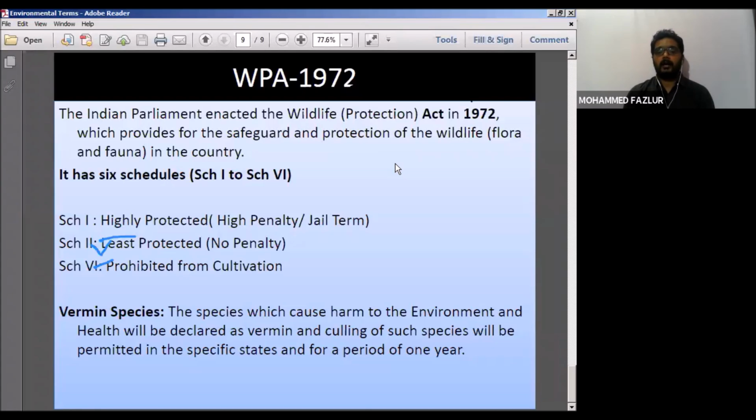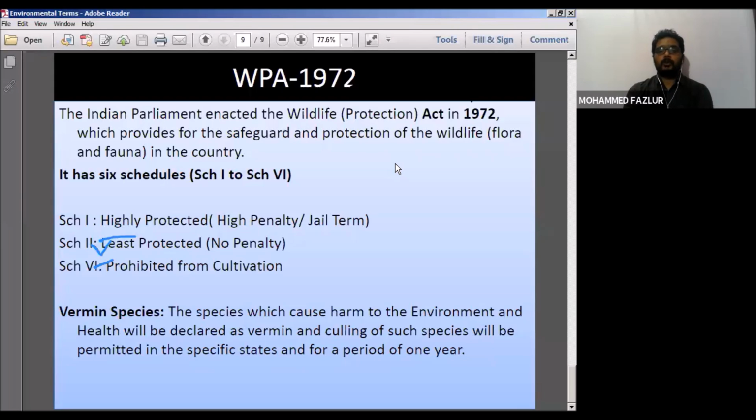For example, we have red vanda, blue vanda, or we also have orchids. So that's kind of a picture plant. These are prohibited from cultivation. So in these entire slides, you should know different types of species and a few important environmental terms. As part of your examination, recently the rhesus macaque in Himachal Pradesh was declared as vermin.